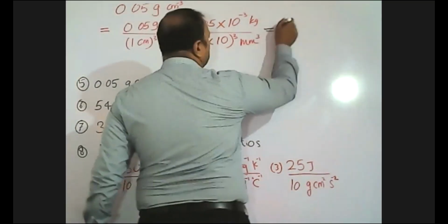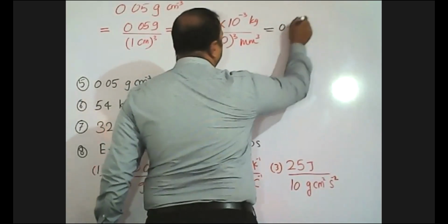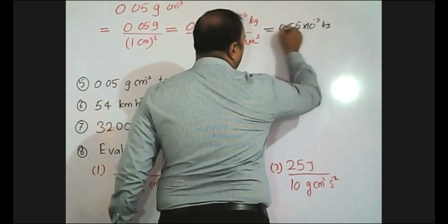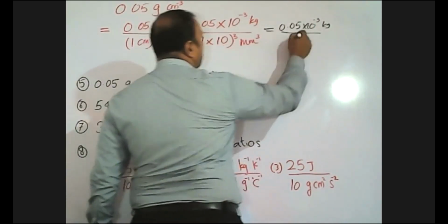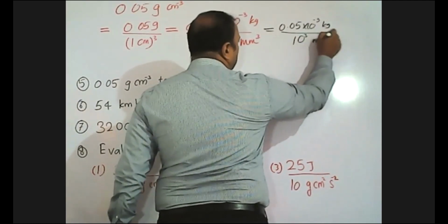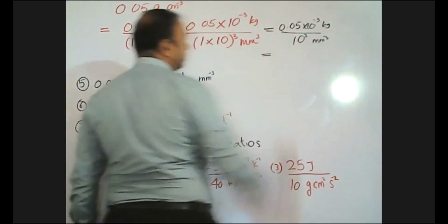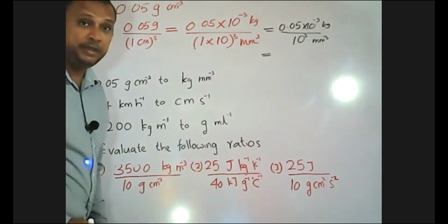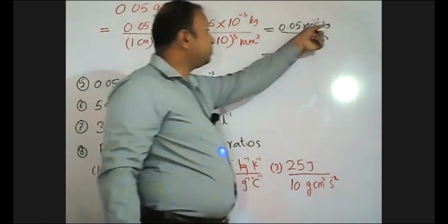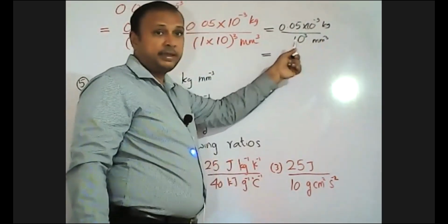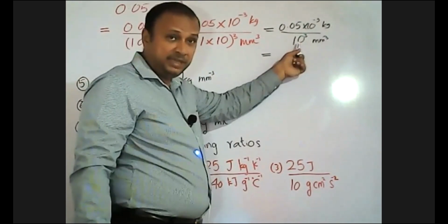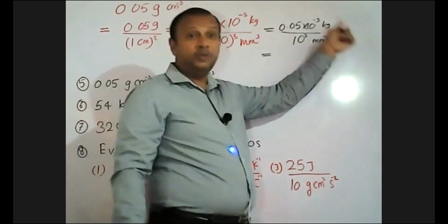Then 0.05 into 10 to the power minus 3 kilogram over 10 to the power 3 millimeter cube. Here this is minus 3 and this is 3, so they cannot be cancelled out. You have to bring this value into the numerator.